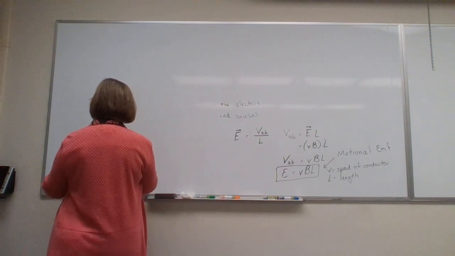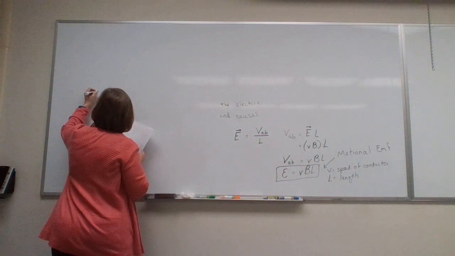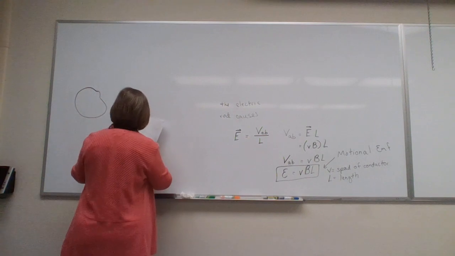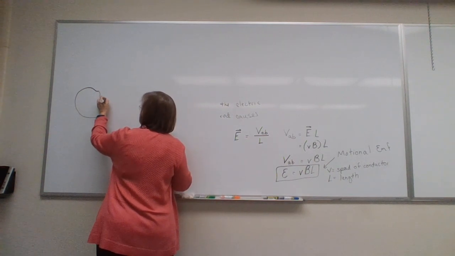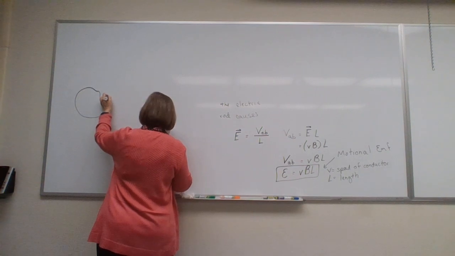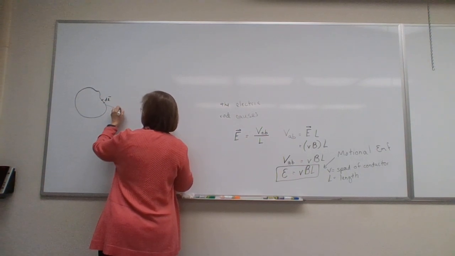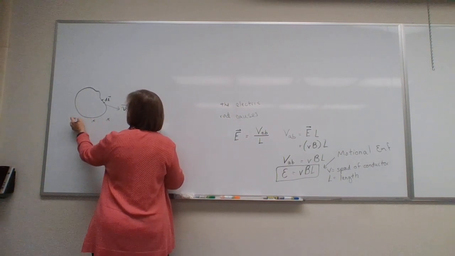For example, you might have a magnetic field that points into the board and have some arbitrary loop of current, and this would be a little section of that loop, and this whole loop is moving in some direction v. Like I say, there's a magnetic field into the board.